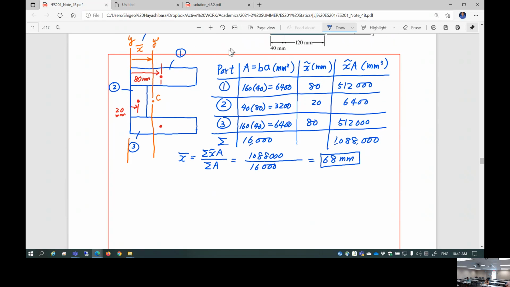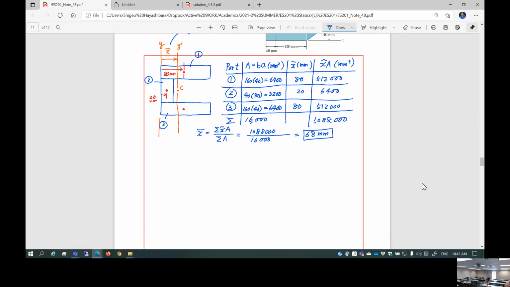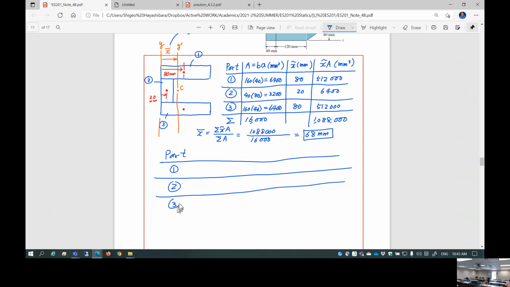I'm going to make up another table. Let's zoom out a little bit. So another table consists of the following: part 1, part 2, part 3. First of all, I want to find the dx. dx is basically the magnitude of x tilde minus x bar.